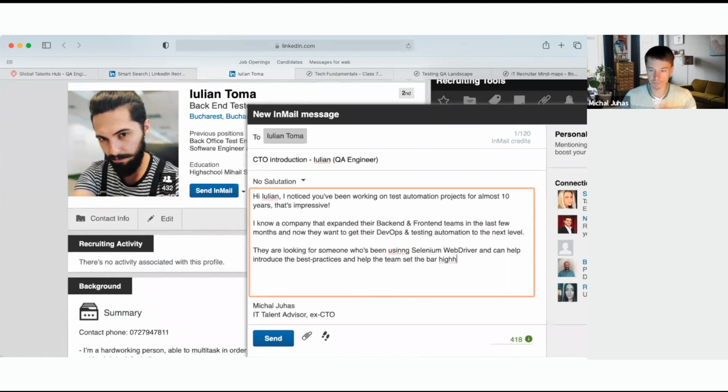Okay, I'm thinking of someone who has been in this game for some time, for 10 years. He doesn't want to work on some boring project, right? He wants to work on something cool and exciting and introduce the best practices and knowledge that he accumulated. So this is the ego boosting part, right?